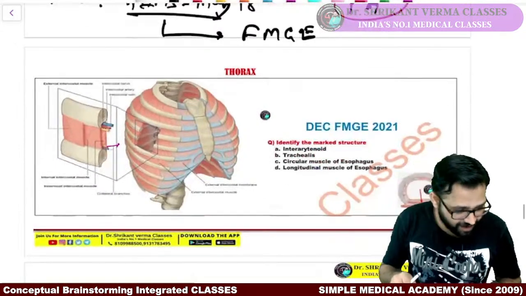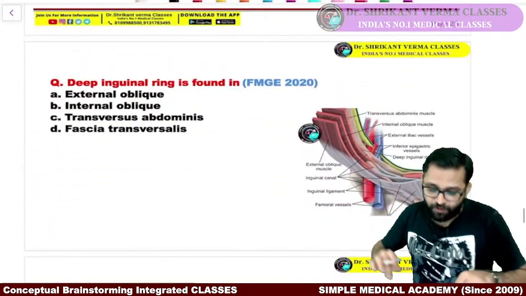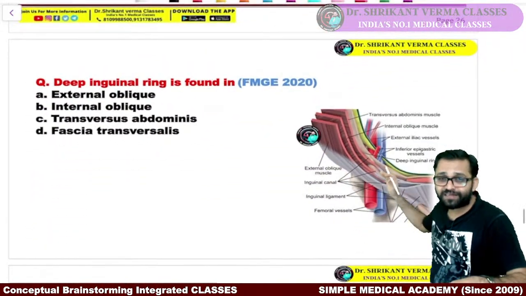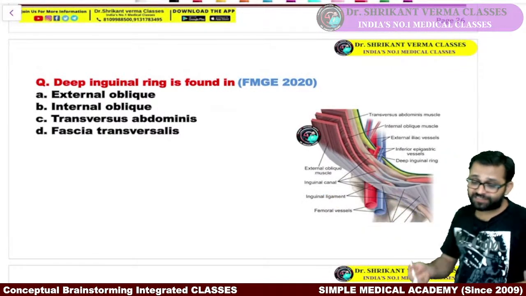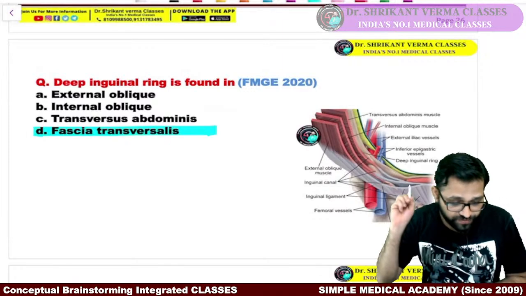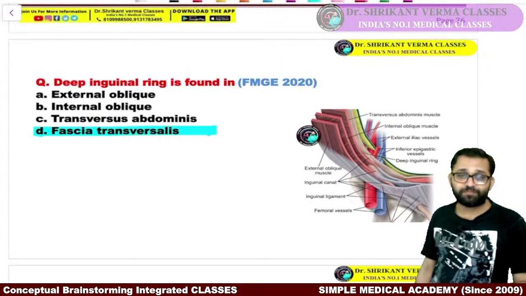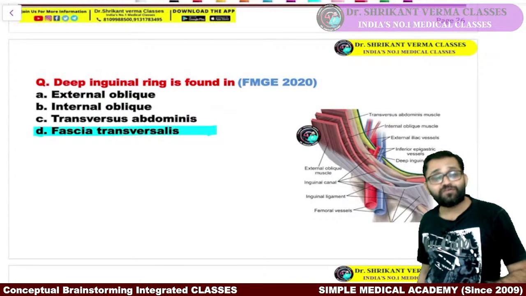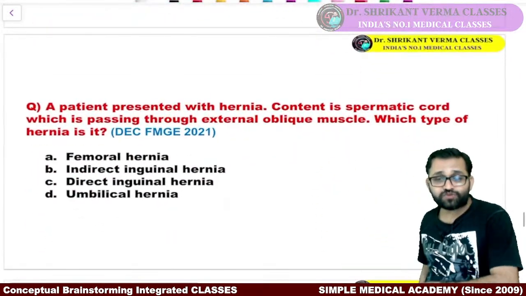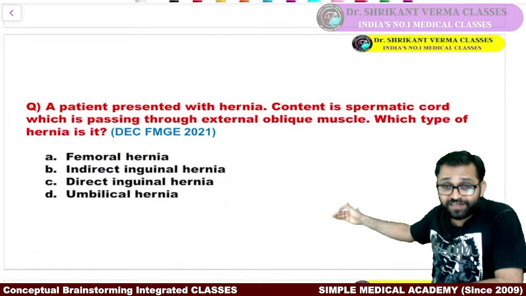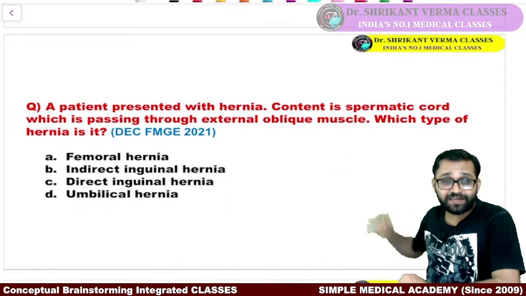Agree, everyone? Now we are going to talk about this: the deep inguinal ring is found in... Can you tell me? This is a question from our anatomy-surgery integration. The answer is fascia transversalis. Remember, the deep inguinal ring is in the fascia transversalis. Go for our surgery portion. FMG 2021, again the topic of hernia related to the anterior abdominal wall.